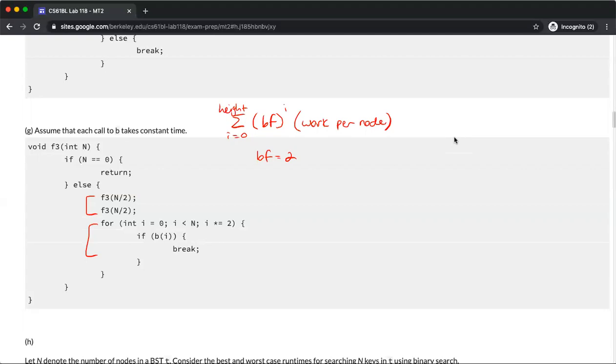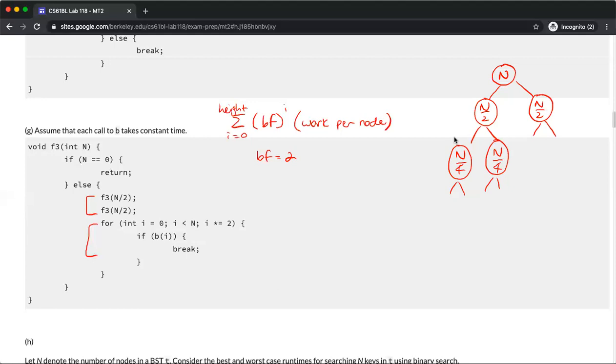And then again, we can draw out the recursion tree. So we start at n, we go to n over 2, and then each of them is going to call n over 4 twice. And so we have something that goes like this, and it will continue, or sorry, not infinitely, but until it reaches 1.